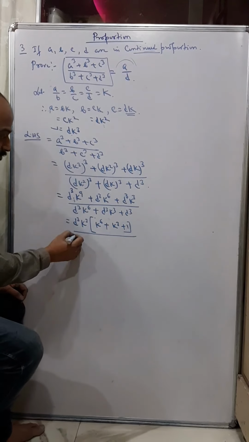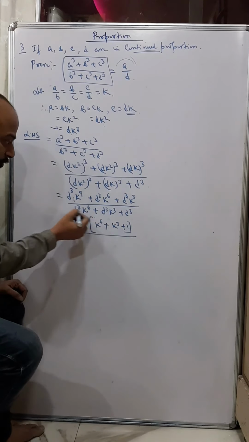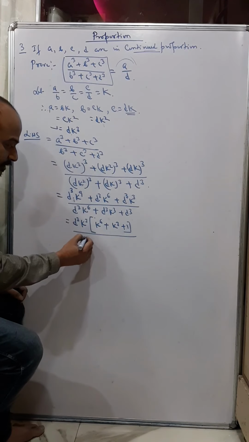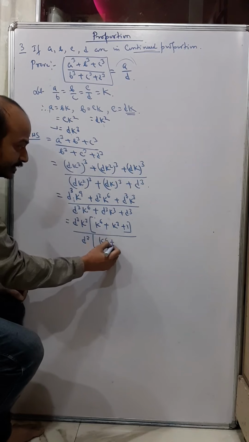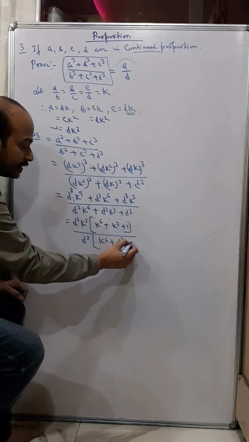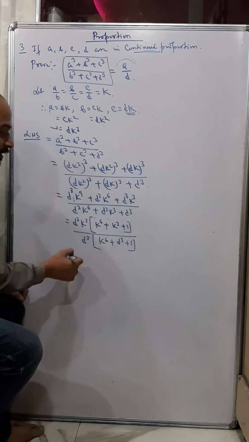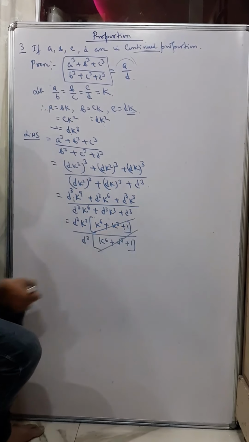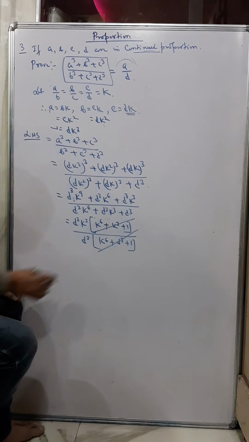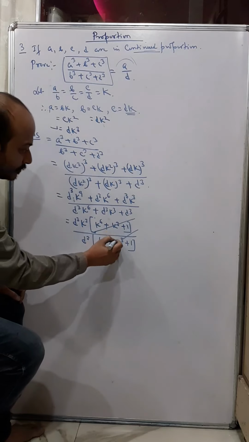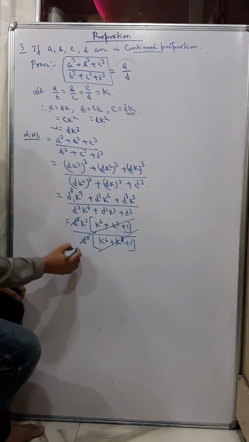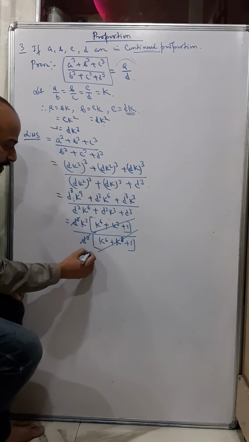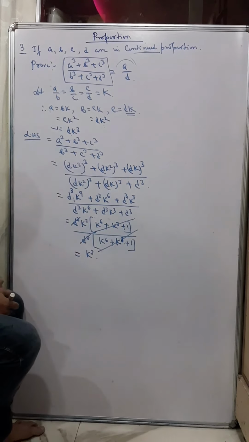And this one in the denominator I can take D cube common. So D cube, what is left here? Again you see K6 plus K3 plus 1, and finally you see these two get cancelled. Sorry, in fact this is K cube, and D cube and D cube get cancelled, and you are left with K cube. So this is LHS.